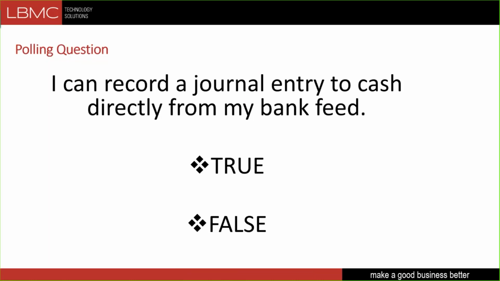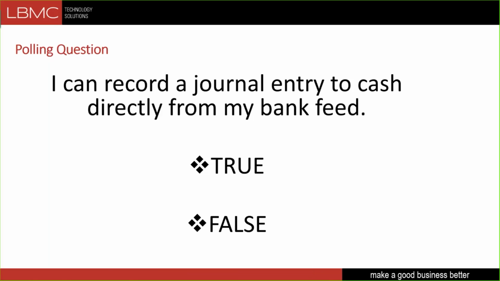So if you were listening, you learned that this new release now includes a create rule as opposed to a match rule that already existed. So this create rule does in fact allow you to create a journal entry to cash.